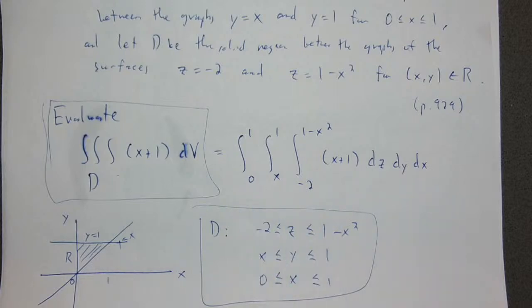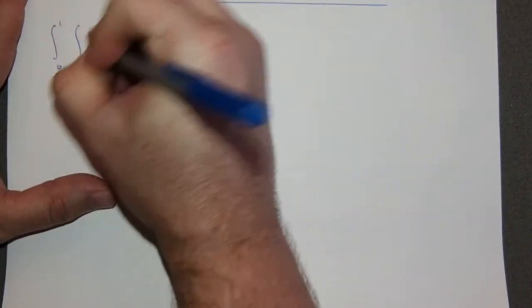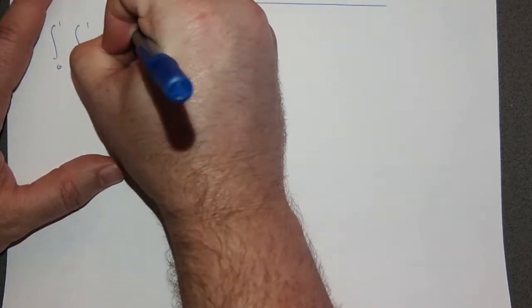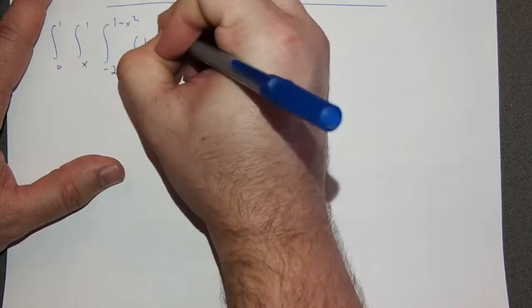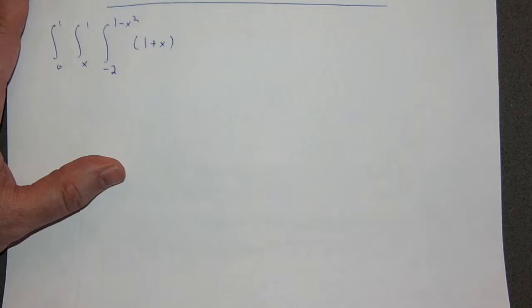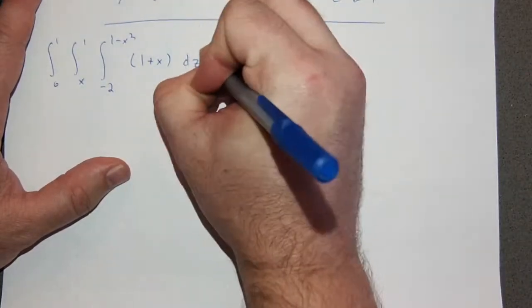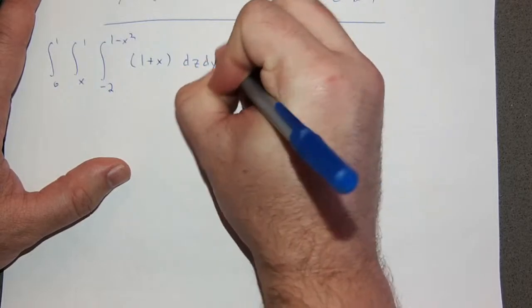Okay, so let's do this triple integral. Let me copy that here. So I have the integral from 0 to 1, the integral from x to 1, the integral from minus 2 to 1 minus x squared of x plus 1. I'll just write it as 1 plus x so I don't have to make any ugly marks here. dz, dy, dx.